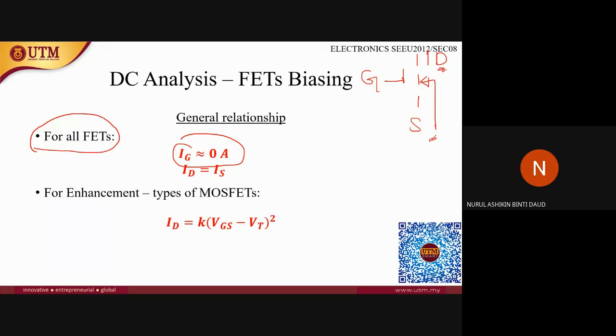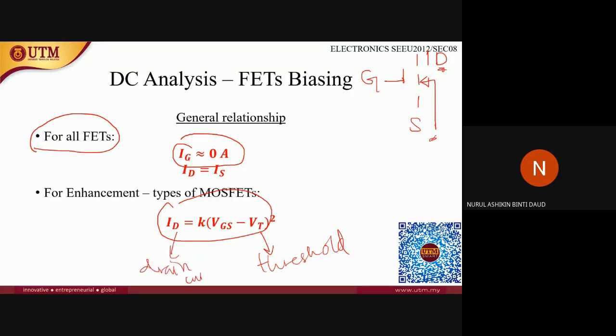So for enhancement type MOSFET, same as previously, this formula is applicable. It's very important. VGS is the voltage potential at gate and source, minus VTH, which is the threshold voltage. ID is the drain current.